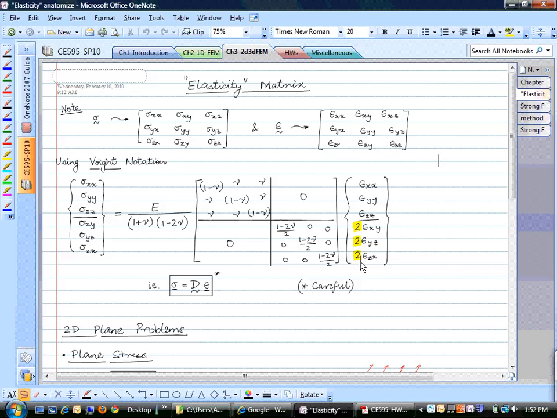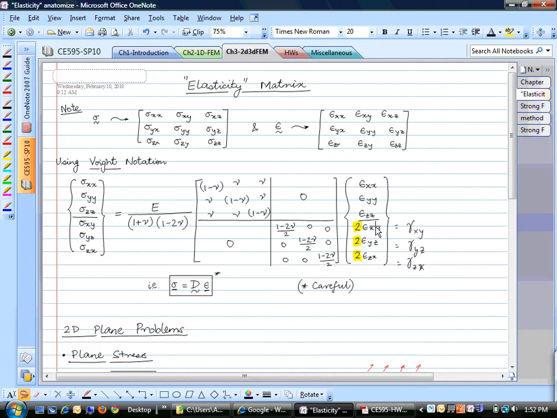So people who do measurements with strain gauges and all that, they actually measure the changes in angle. That's why this quantity is actually called gamma xy, gamma yz, gamma zx. So when we implement things in finite elements, we will also work with this.